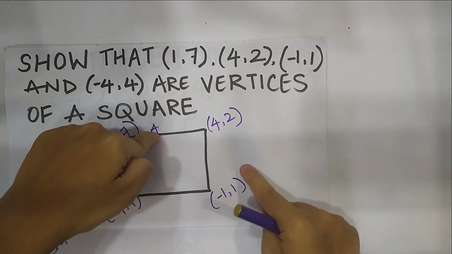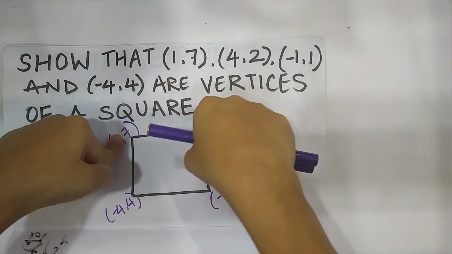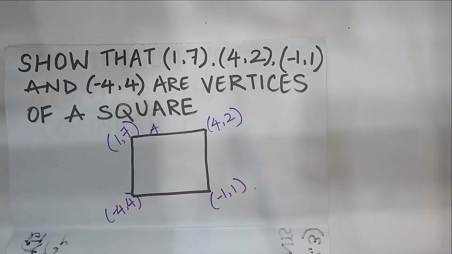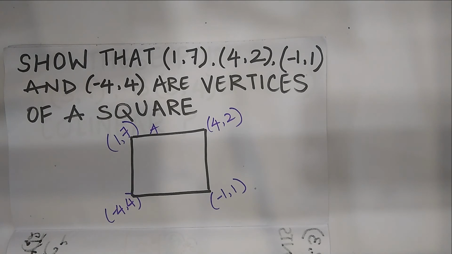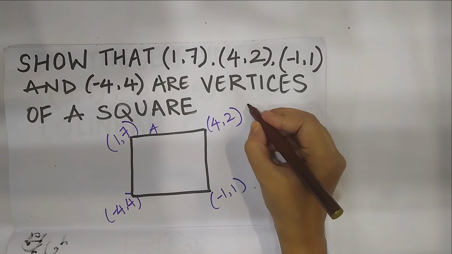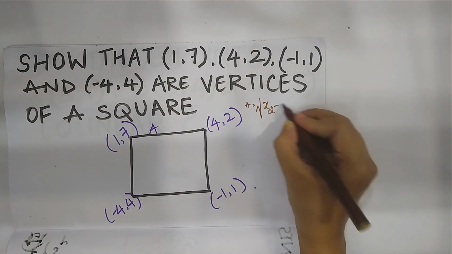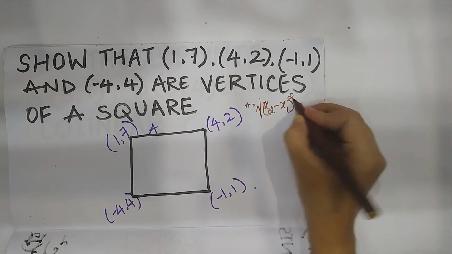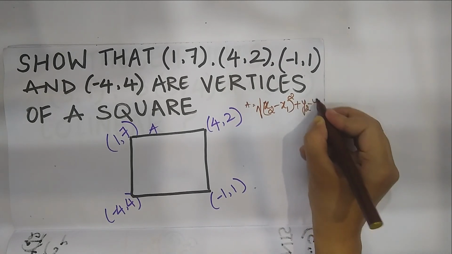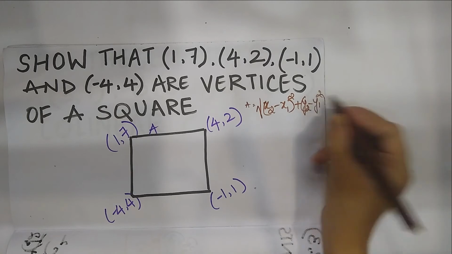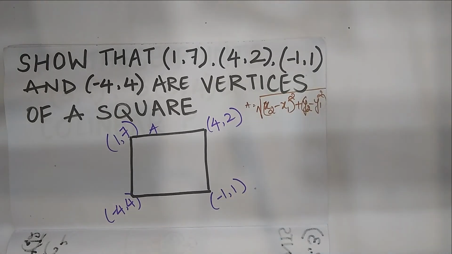I'm trying to find the side A, so that is why I'll use these two coordinates, because they pass through this side. So what is the formula? The side A is equal to square root of x2 minus x1 the whole square plus y2 minus y1 the whole square. This is all under the root, right?